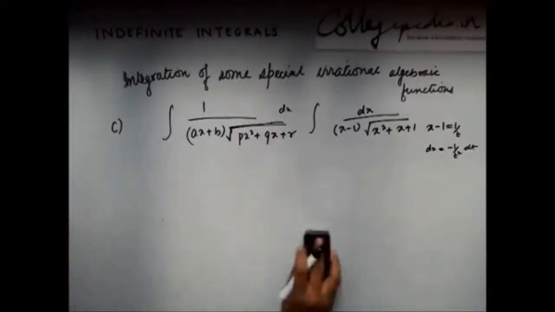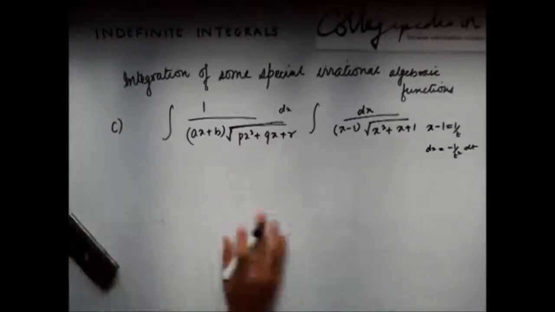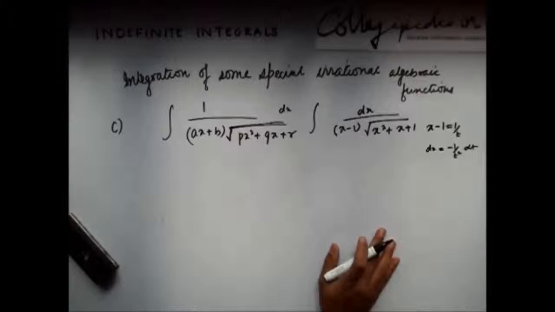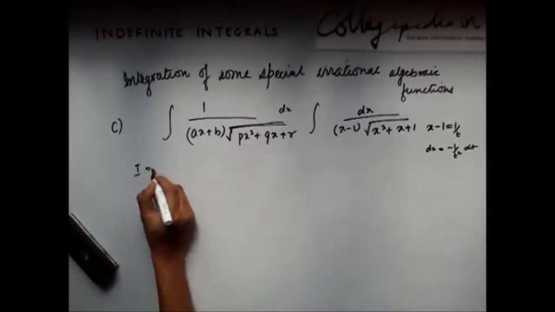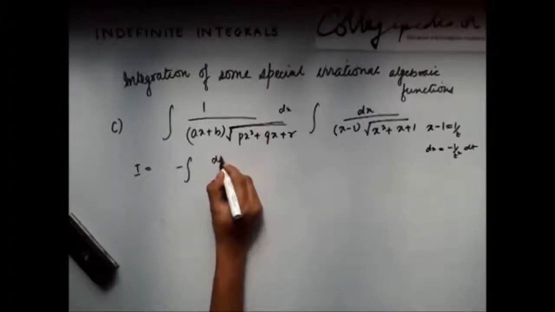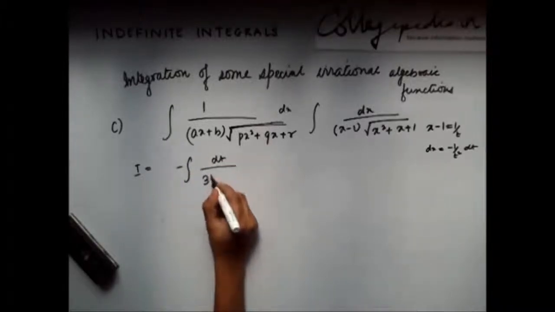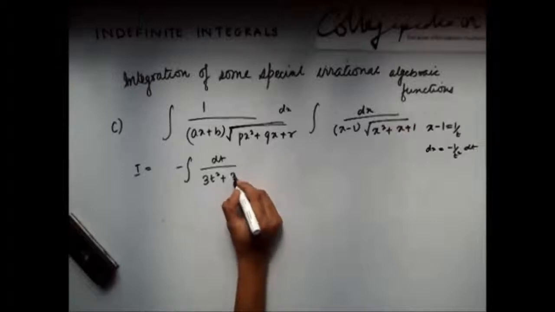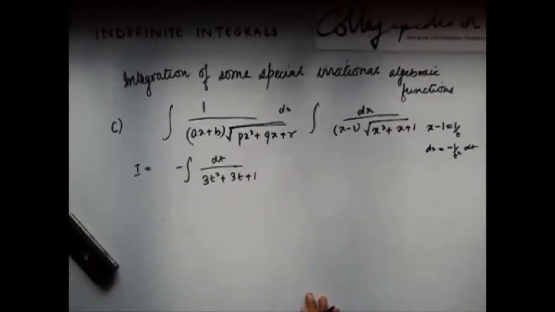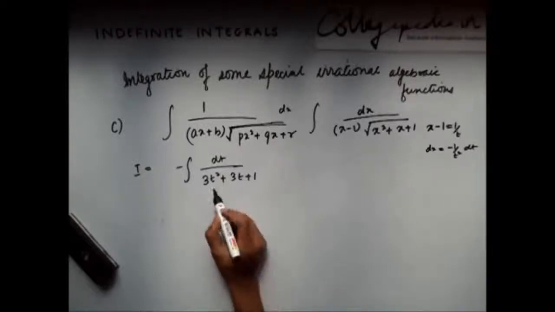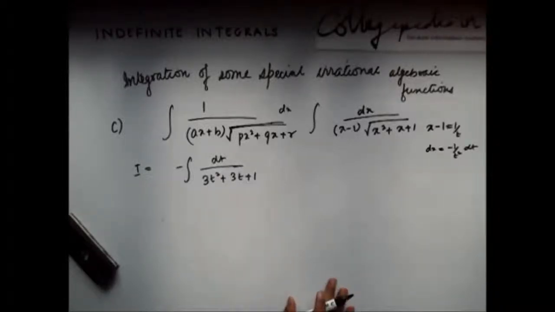So when we replace x in terms of t, our integral I becomes minus of dt divided by root under 3t square plus 3t plus 1. Now I'll try to convert this into some standard form.